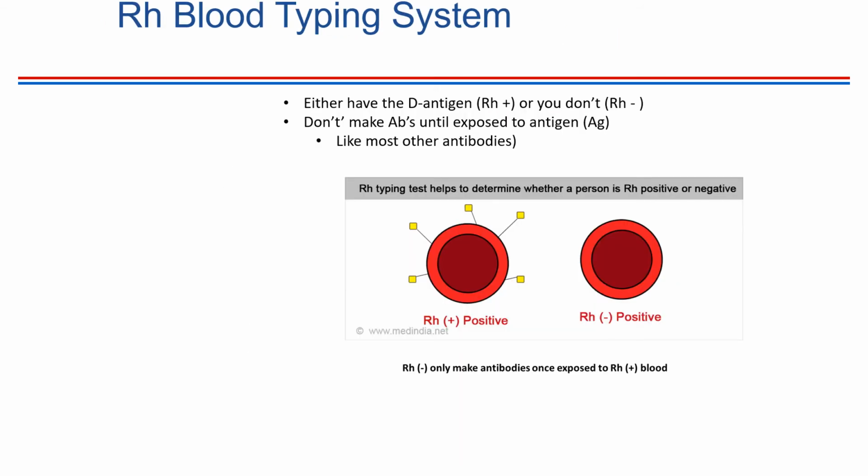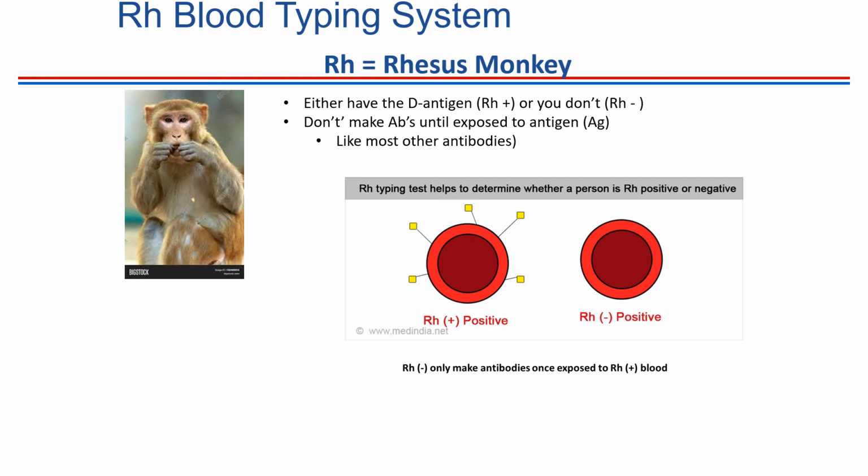So let's look at this next blood typing system. This is called the Rh blood typing system, and it's based on an antigen we call the D antigen, or the Rh antigen. We call it the Rh antigen because we first found it in rhesus monkeys, and rhesus starts with Rh. So we call it the Rh antigen or the D antigen. Either one works fine. What's interesting about this antigen is that you don't make antibodies against it unless you've been exposed to the antigen.